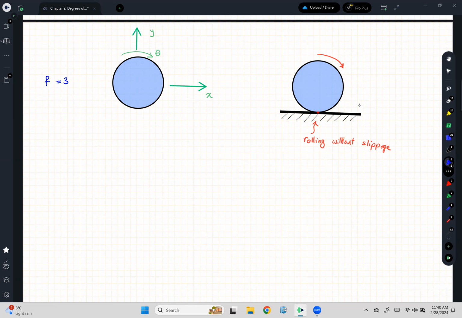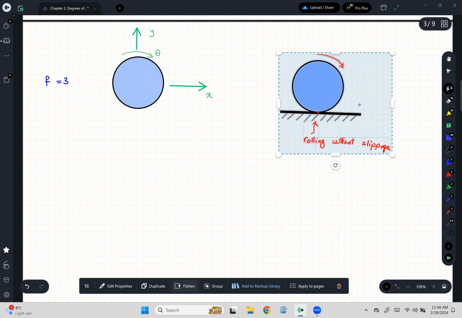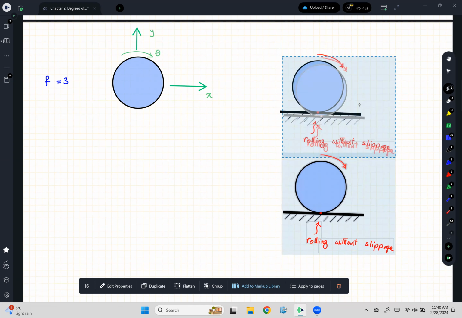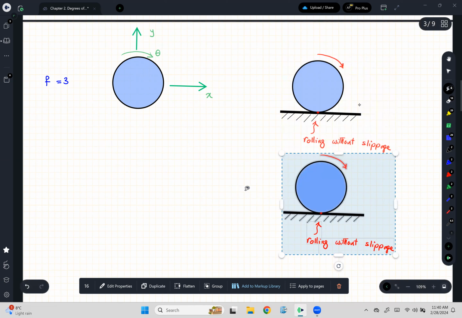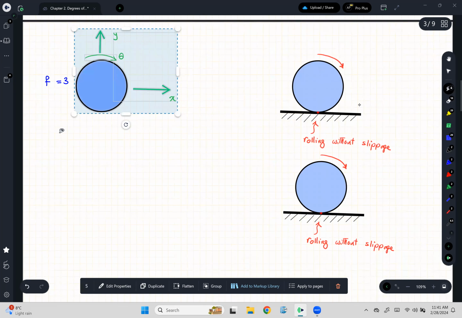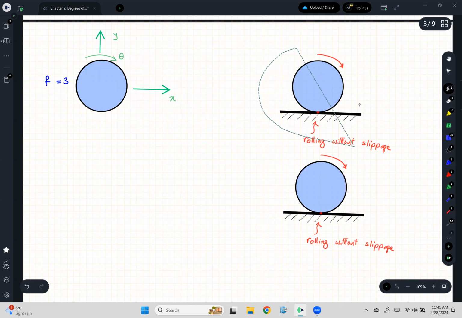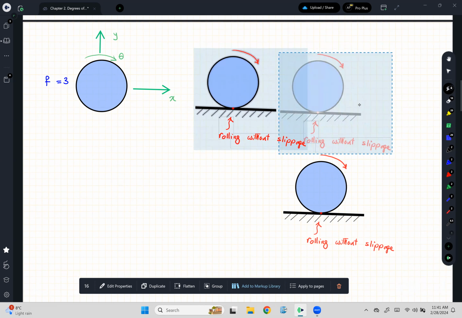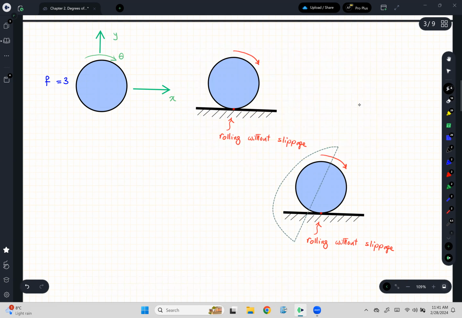If there is only rolling, that's scenario number 1. Let's save it for later. Scenario number 2, or you know what? Let me just make more room for myself. Bring this one down there. I need to be careful about other things that I'm going to put on this slide.